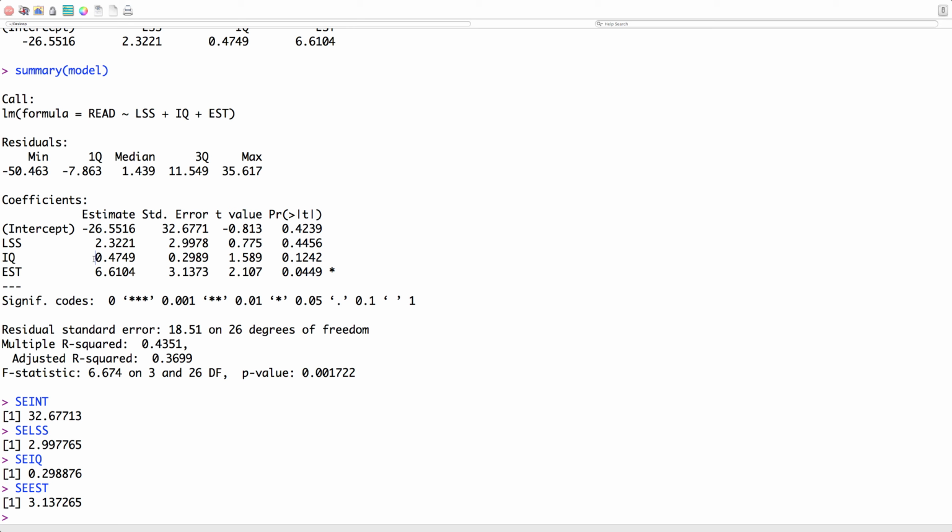So you could have a small estimate divided by a relatively larger standard error and create a t-value that's small. The biggest estimate doesn't necessarily lead to statistical significance, and that's important enough to say something about.